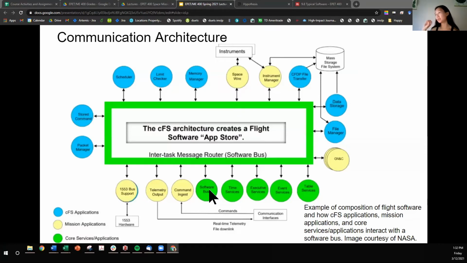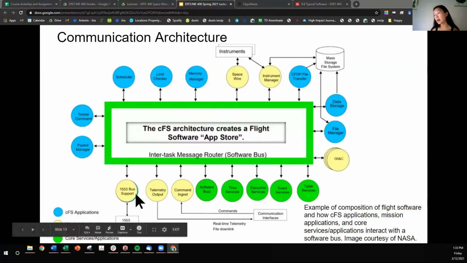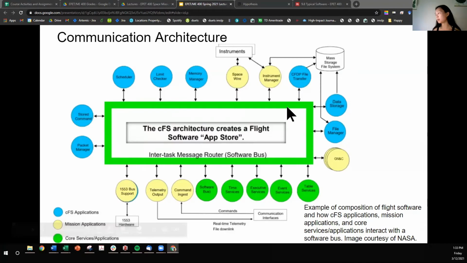If it doesn't, it either sends it along its way or gets rid of it in its own temporary memory. So if you imagine there is a bunch of data constantly flowing through and being subscribed to, some of these different nodes or applications are generating and pushing data onto this software bus.